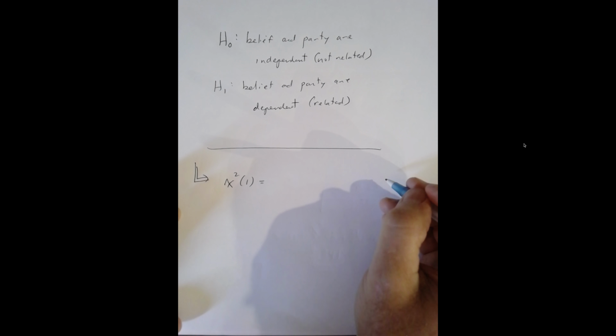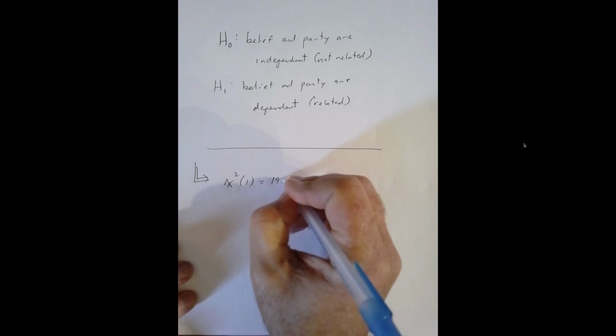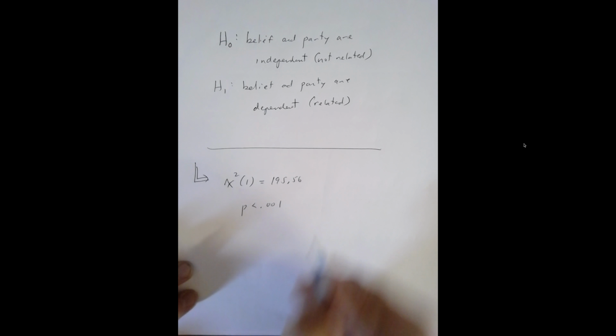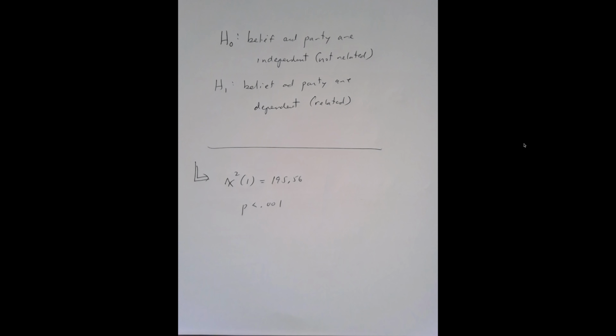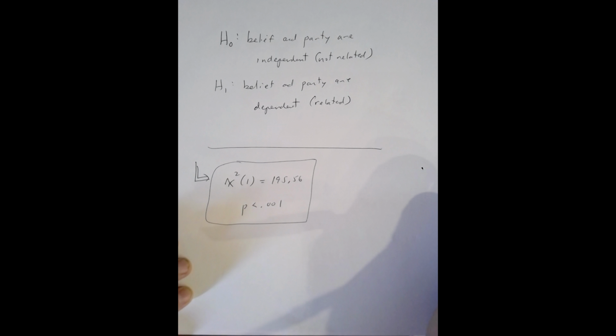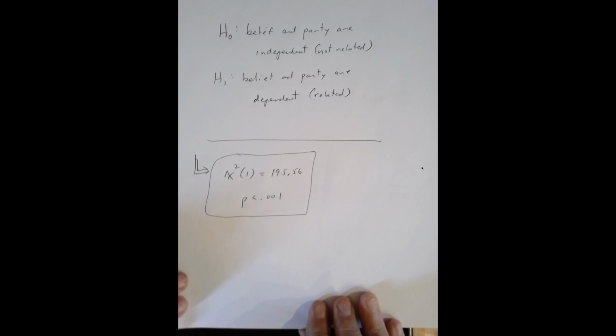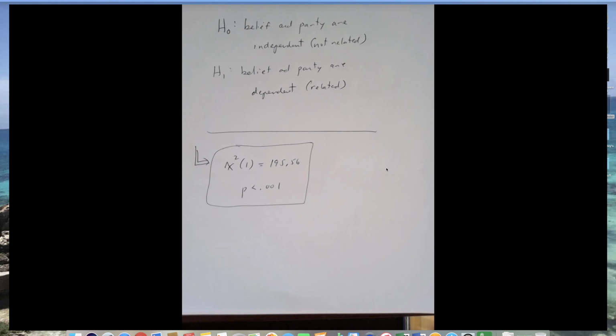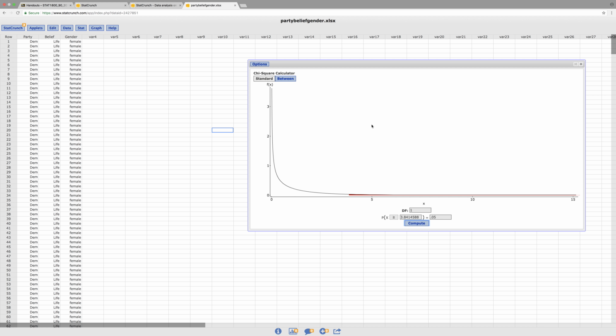And it's going to be 195.56, and our p-value is extremely small. Now, this is kind of boring, well, not boring, but it's just so large that we're not really going to get much of an indication about the p-value. But nevertheless, I'm going to show you how you would calculate that.